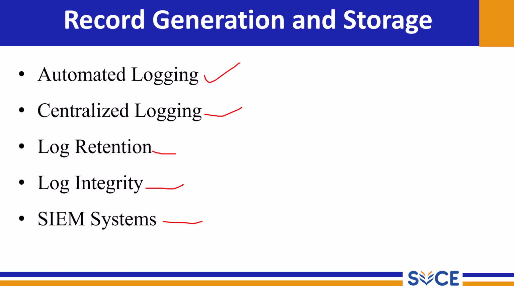Storing records in the cloud means entrusting sensitive data to a third-party provider. While reputable providers have robust security measures, there is always a potential risk of data breaches, unauthorized access, or compliance violations if security controls are not properly implemented and managed.